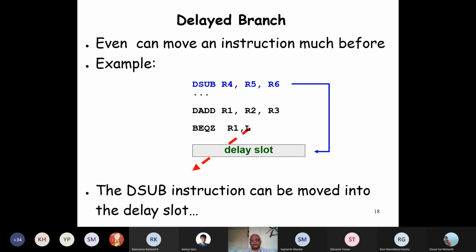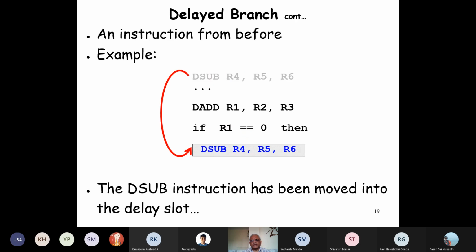We can take not only the preceding instruction, we can even take an instruction from much before if it does not affect the instructions that are after this. The result does not affect. So this is some R4 and not used between it and the branch. That also we can bring. This is the one we have brought here. The R4 register is not used in between. So we have been able to put R4 in the branch delay slot.